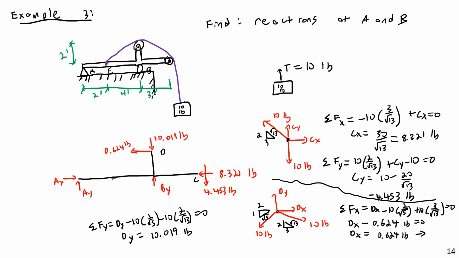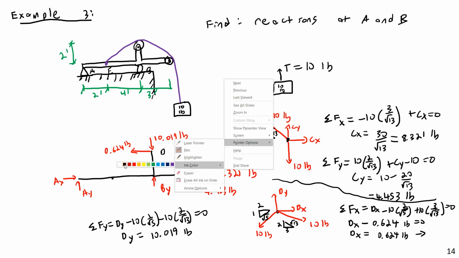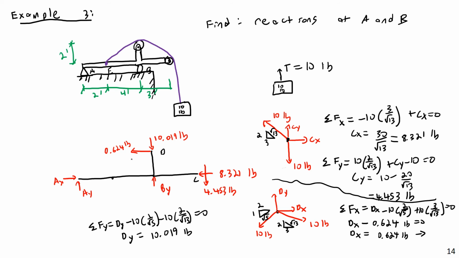E here is a lot simpler, because I can just directly break it into its horizontal and vertical components. There's a 10-pound force just connected there. So let me just draw it out first.